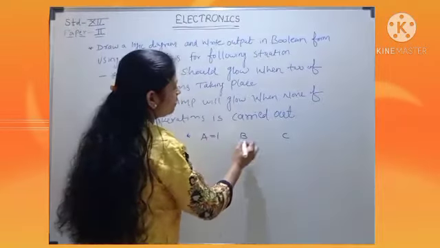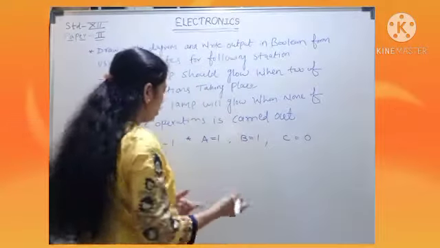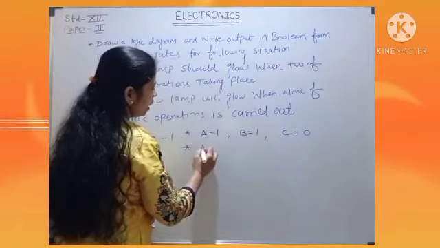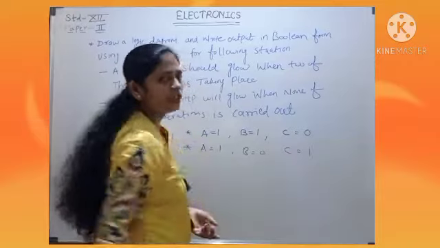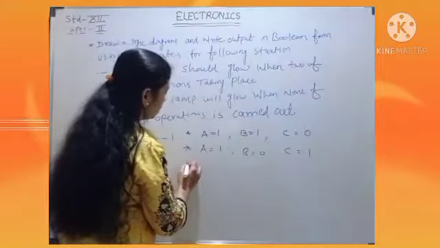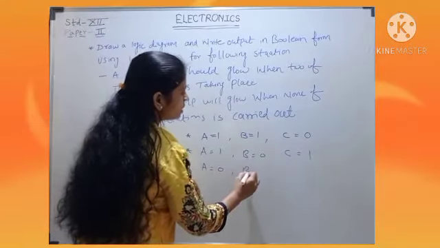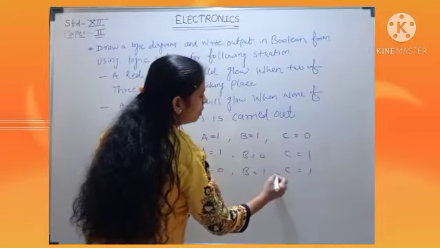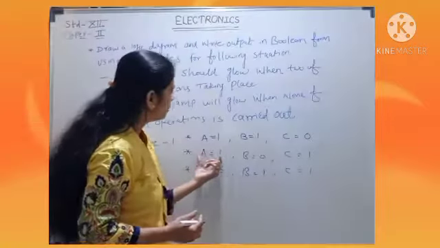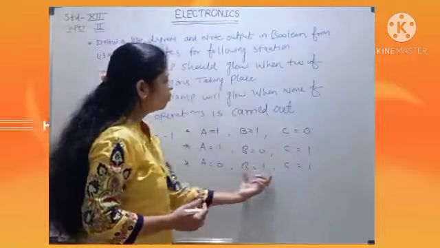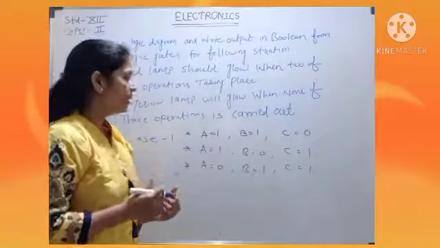Maybe A is high, B is high and C is low, or A is high, B is low and C is high, or the third condition may be A is low, B is high and C is also high. Here 1, 2 inputs are high, here 1, 2 inputs are high, here 1, 2 inputs are high. So by using this condition we have to write the equation.